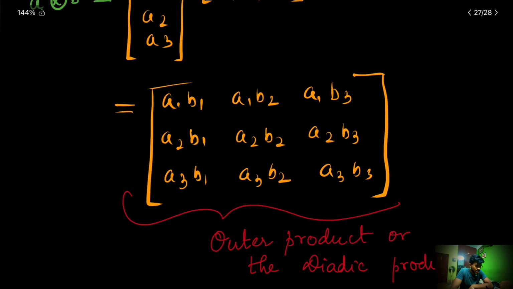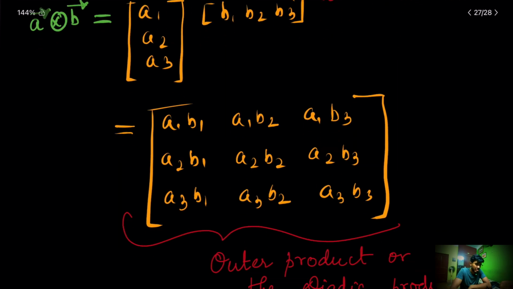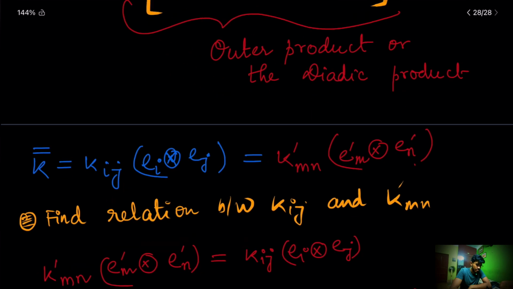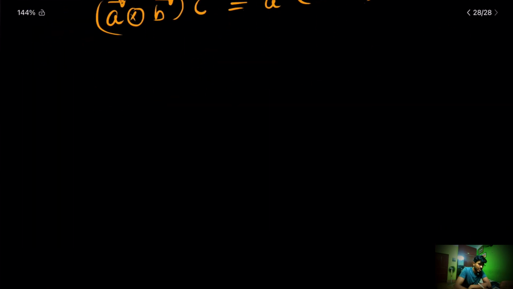I know that it can break the continuity of the derivation, but still let me tell it. You see, A dot B is a scalar, right? It is a scalar.